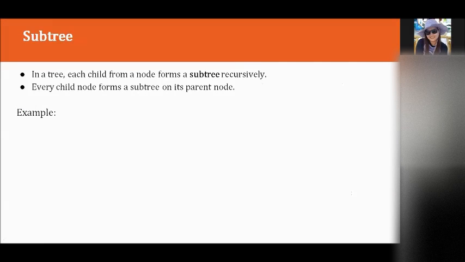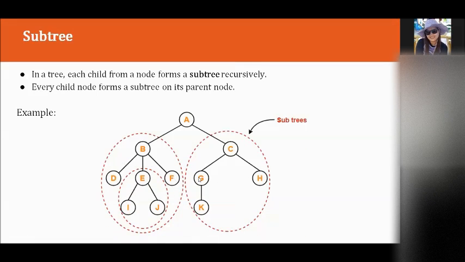Sub-tree. In a tree, each child from a node forms a sub-tree recursively. Every child node forms a sub-tree on its parent node. Example. Okay, this one. So this is a sub-tree. So the A is the root.